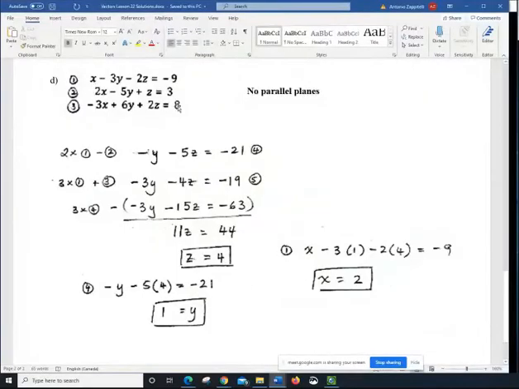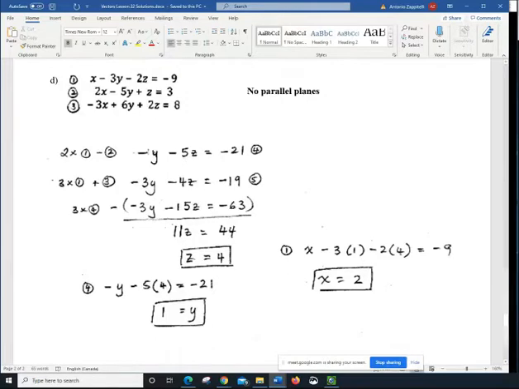We can multiply both sides of an equation by some constant, and we can add and subtract equations to create new equations. Here I did 2 times equation 1 minus equation 2, and that created a new equation for which y and z still represent the y component and z component of a point of intersection.